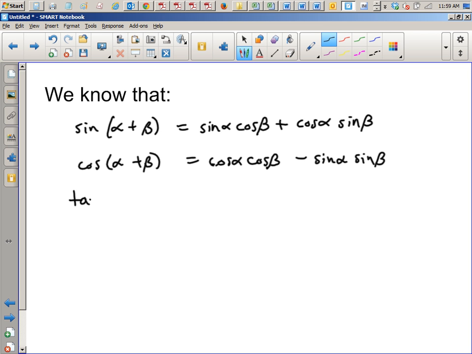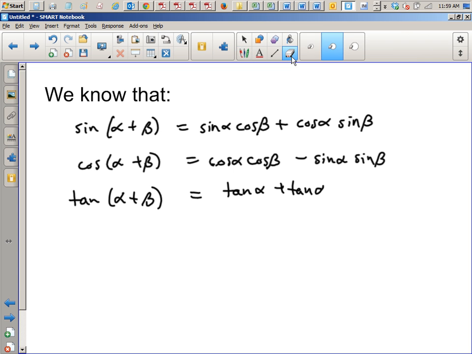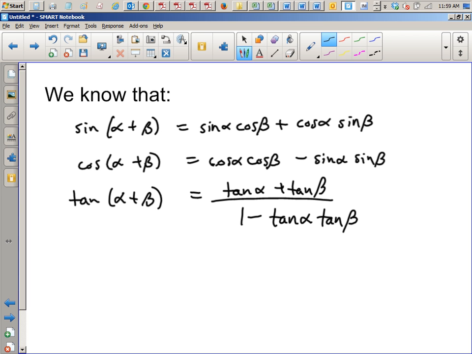And we know that tan of alpha plus beta is tan plus tan all over 1 minus tan tan. So these are multiplied.